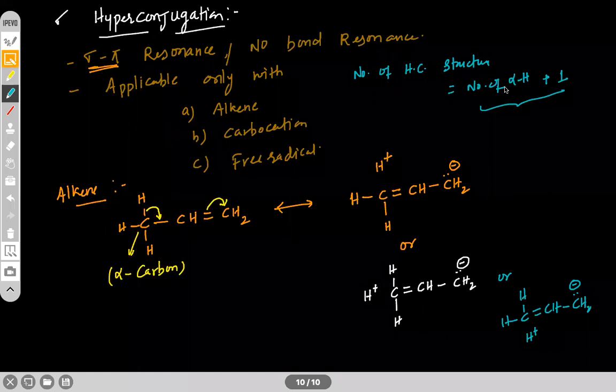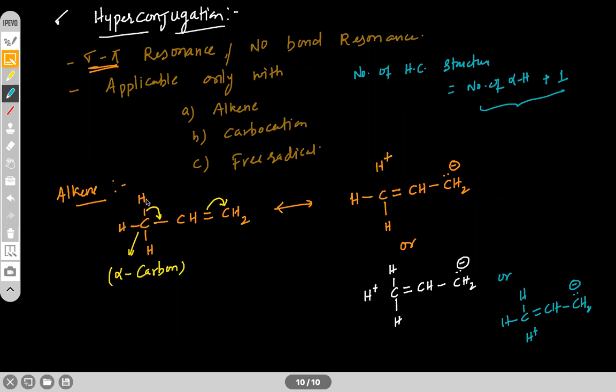Right. So you just need to check, is there any alpha hydrogen present or not? If alpha hydrogen is not present, hyperconjugation is not possible. Okay.